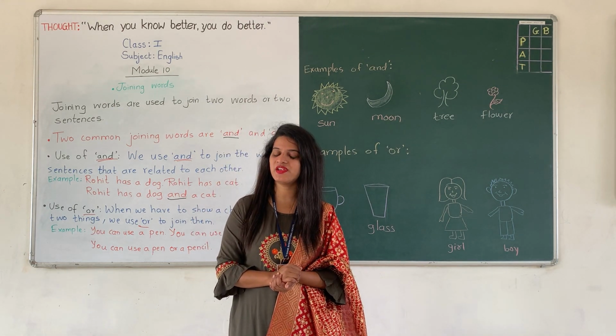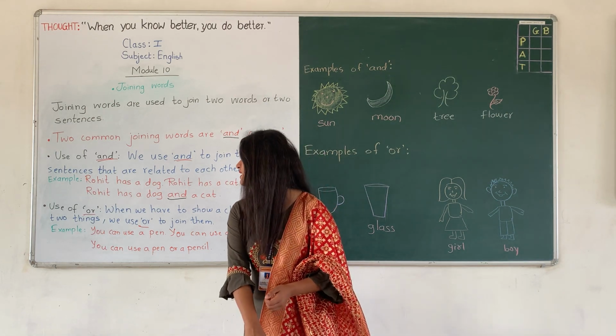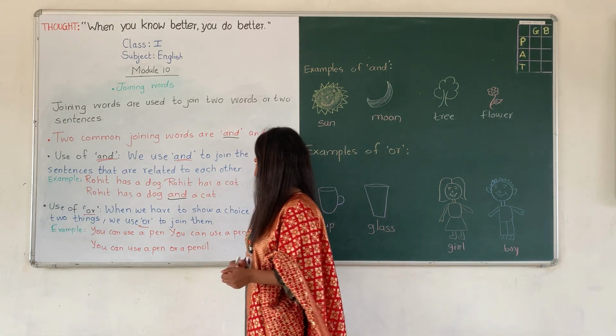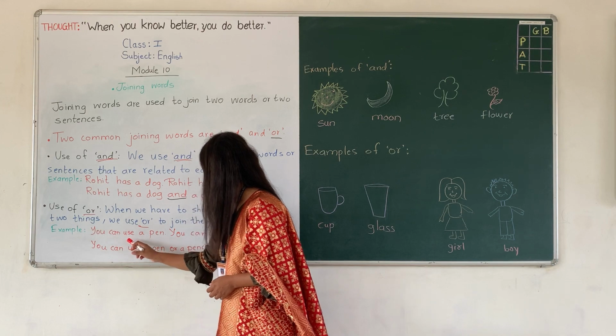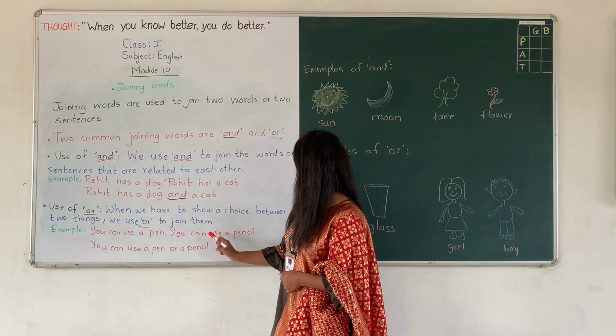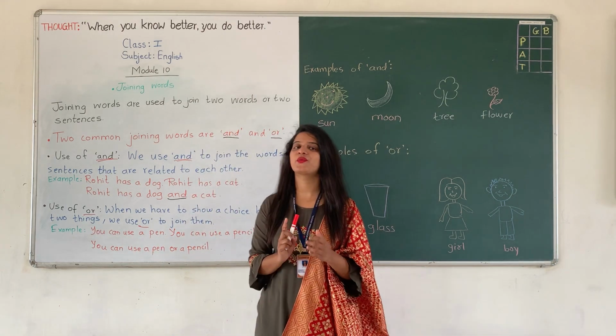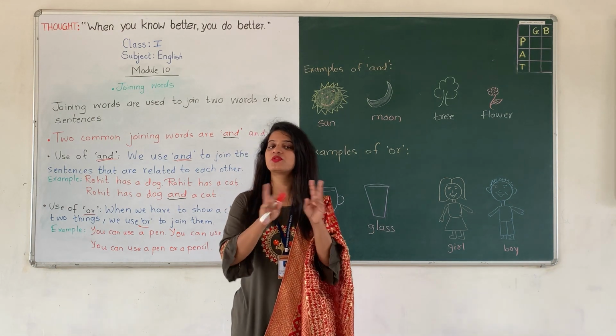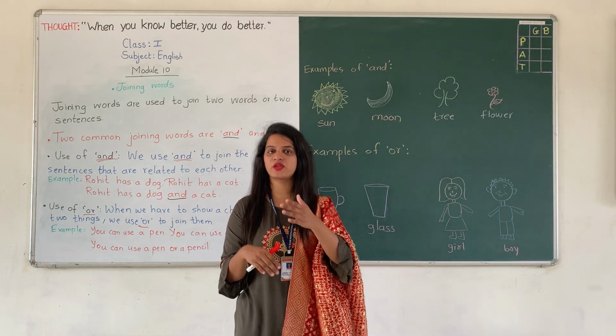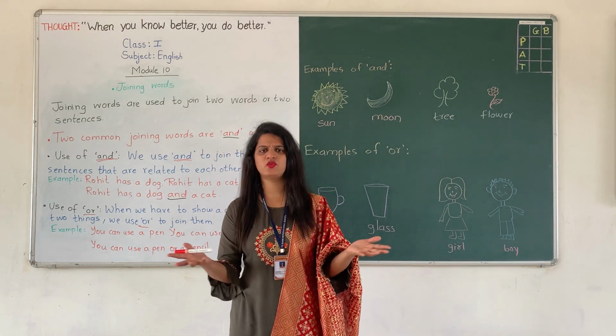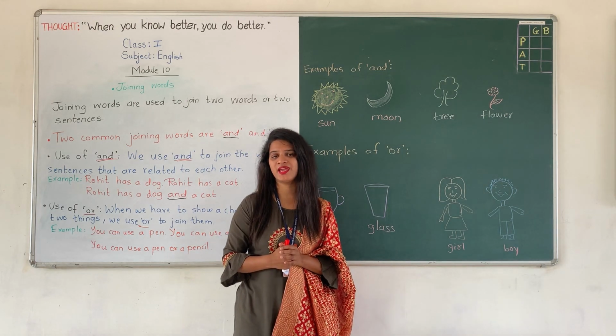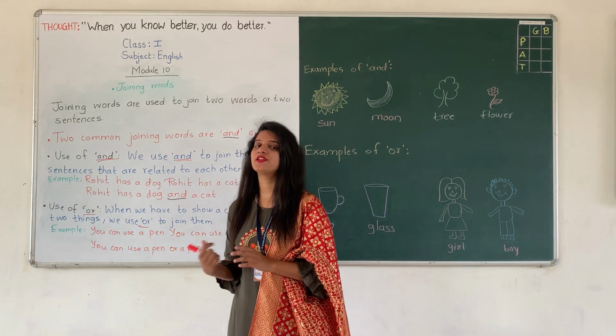Understood my dear children? Now let us see the examples. You can use a pen. You can use a pencil. Now here I have written 2 sentences separately. That you can use a pen or you can use a pencil. But this can be written together.